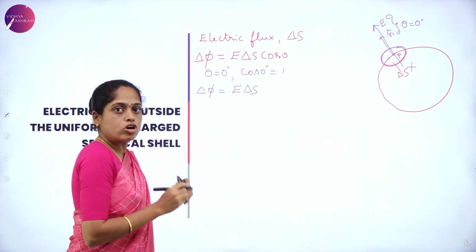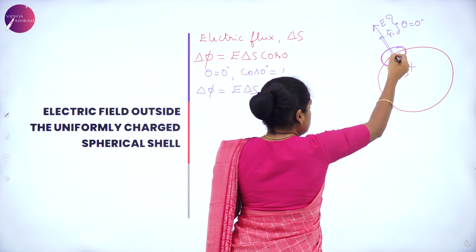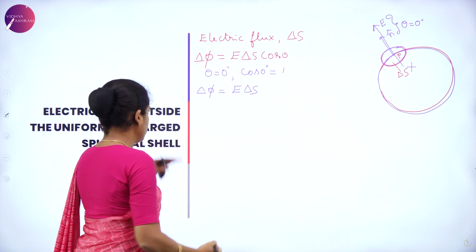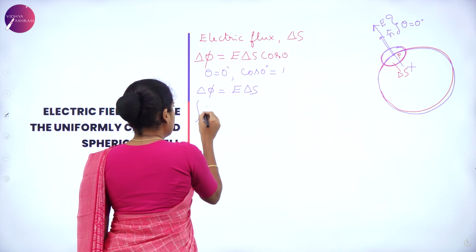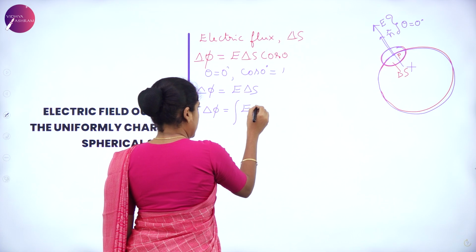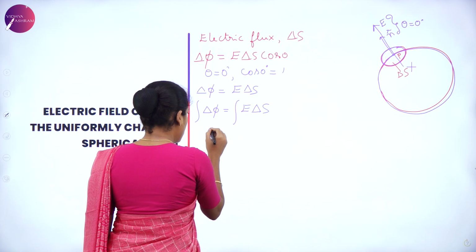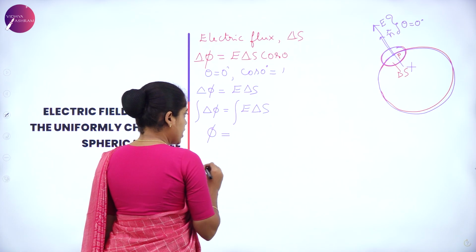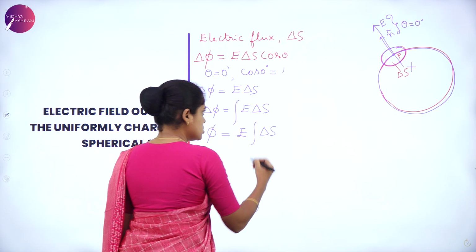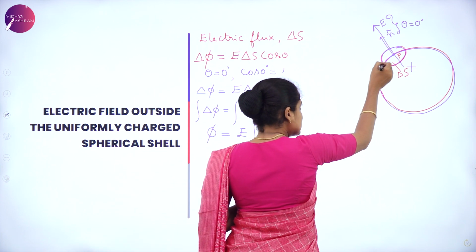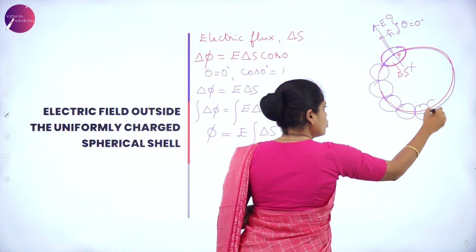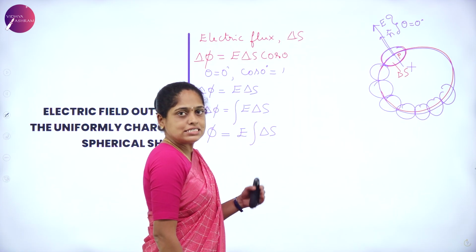We have calculated for a small area, but to know the total electric flux through the complete Gaussian surface, we need to integrate. On integration, the sum of delta phi is equal to the integral of E delta S, so the total electric flux phi is equal to E times the integral of delta S. Integrating is nothing but adding all the small area elements to get the total area of the Gaussian surface.